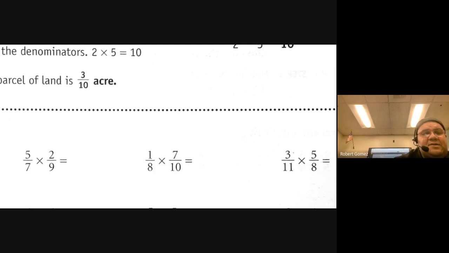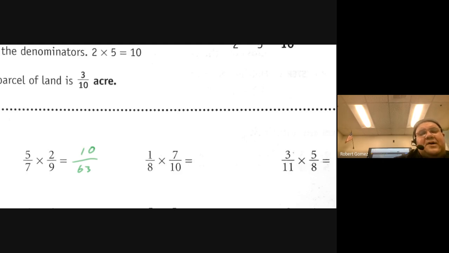So let's go ahead and take these apart. So like I said, we just do top by top, bottom by bottom. That's why we love these so much. So 5 times 2, that's going to give us 10. And then 7 times 9, that's going to be 63. I could be wrong. Is it 63?